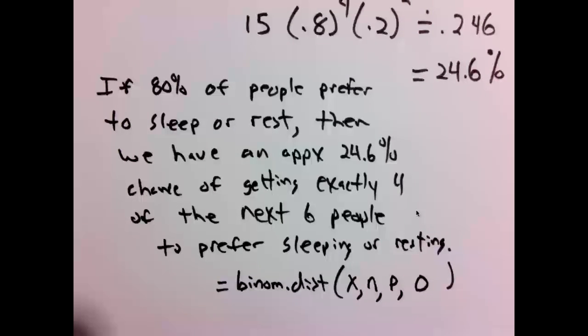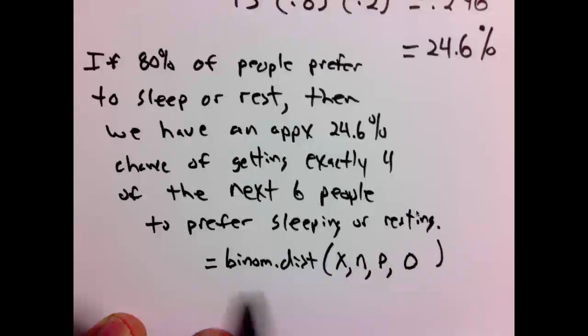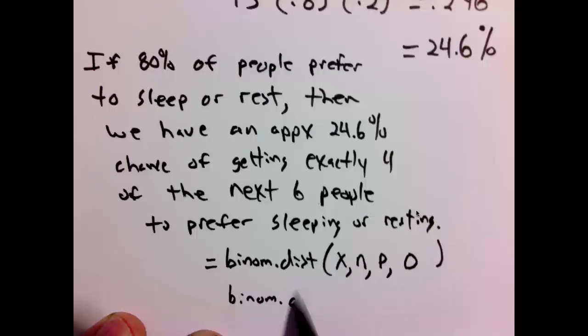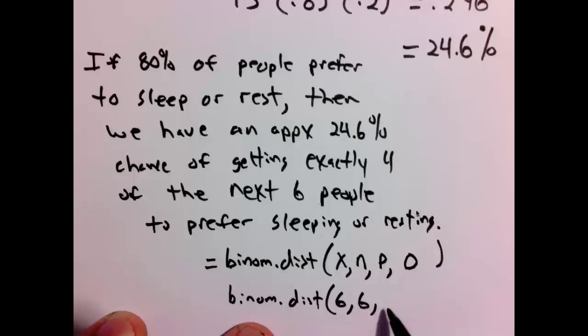Alright. Next problem, it says calculate P of 6, the probability that all 6 prefer to sleep or rest. Well, we can do the same situation. Binomial dist. This time 6 out of 6. Probability of success 0.8. And again 0.